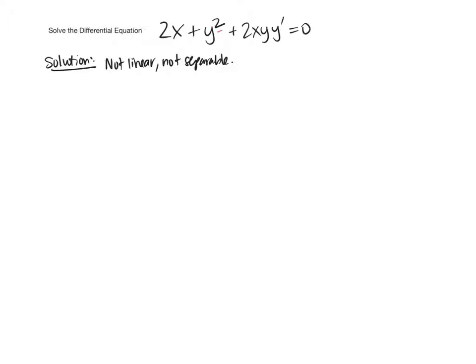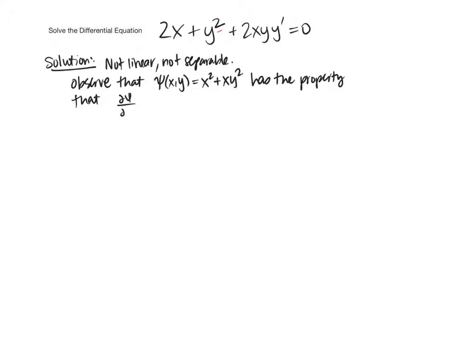But one thing we can do is we can observe, and this is based on the previous discussion we just had, that phi of x, y equals x squared plus xy squared has the property that the partial derivative of phi with respect to x is equal to 2x plus y squared, and the partial derivative of phi with respect to y is equal to 2xy.